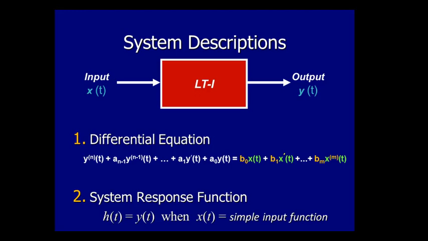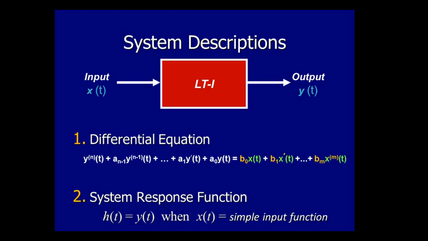So now I'm going to use for my description of my system not a differential equation, but some kind of system response function, meaning a special function, I'll call it h of t, that's nothing more than the output y of t when x of t, the input, is some simple input function. Now, the trick is choosing x of t very cleverly so that the output of the system for this simple input function is something that I can generalize, something that I can use as the basis for figuring out what is the response of the system to any signal.